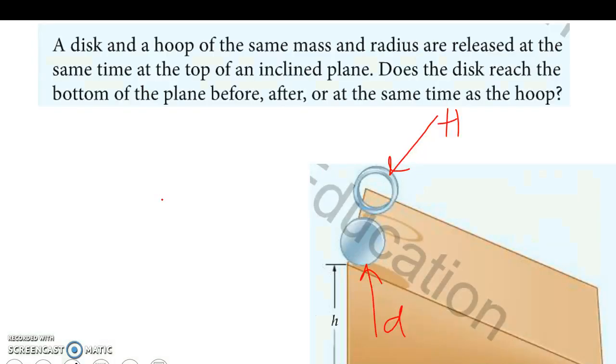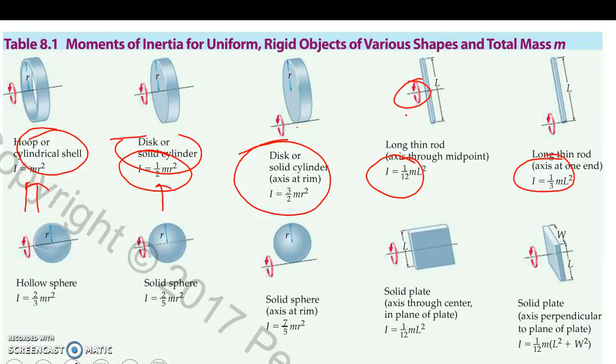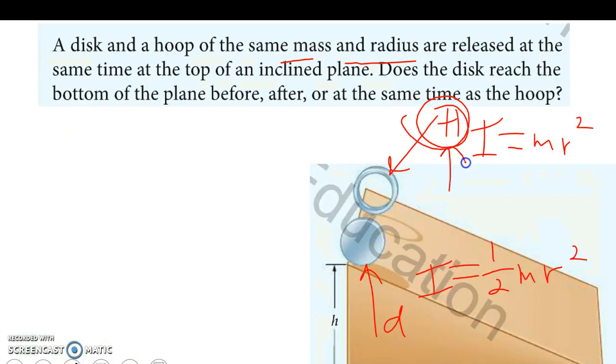Okay, so when we look at the I for the hoop, the hoop has I equals mr squared. And for the disc, the moment of inertia is going to be 1/2 mr squared. So which one has a higher moment of inertia? Well, if we consider mass and radius to be constant, obviously the hoop has the higher moment of inertia.